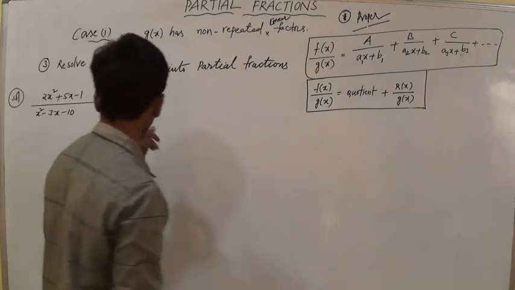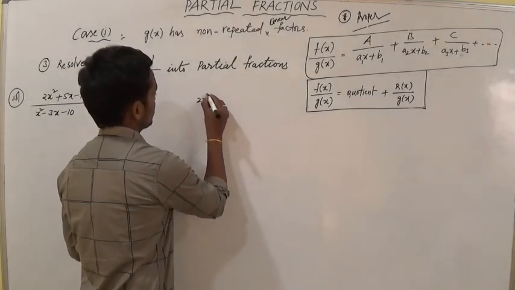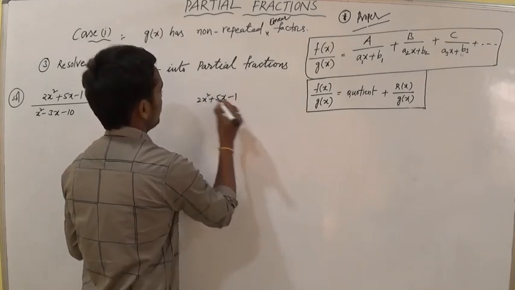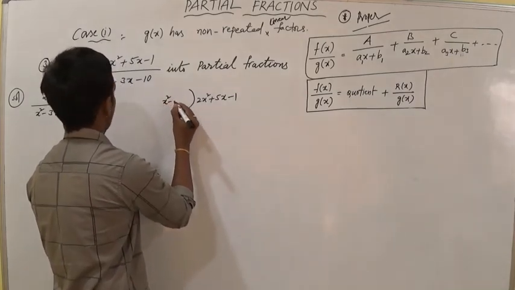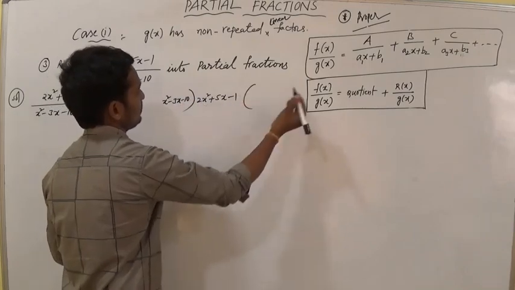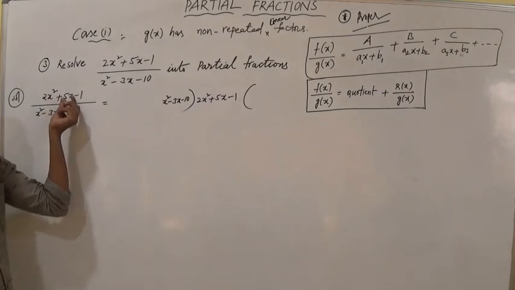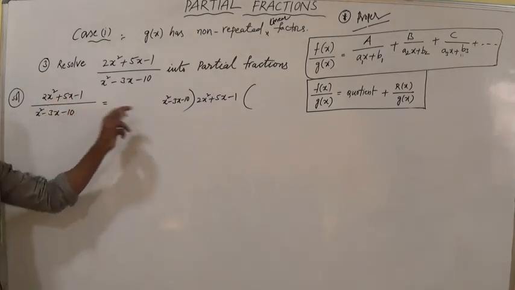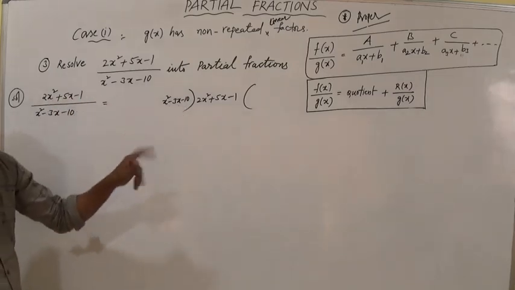We can divide. 2x square plus 5x minus 1 with x square minus 3x minus 10. The numerator is the dividend and the denominator is the divisor. So x square minus 3x minus 10 with 2x square plus 5x minus 1.